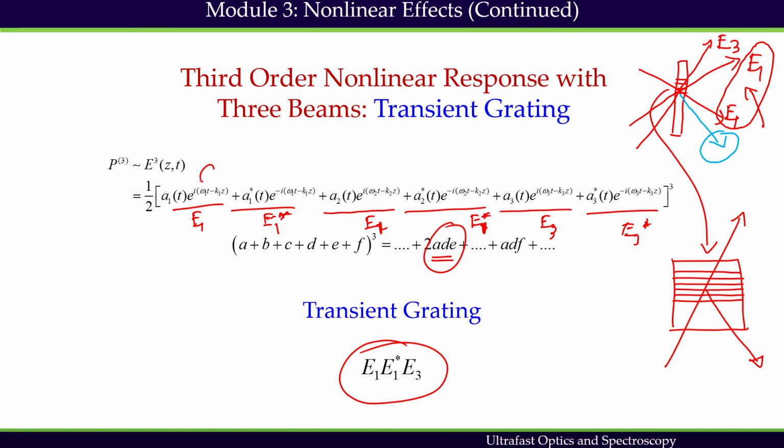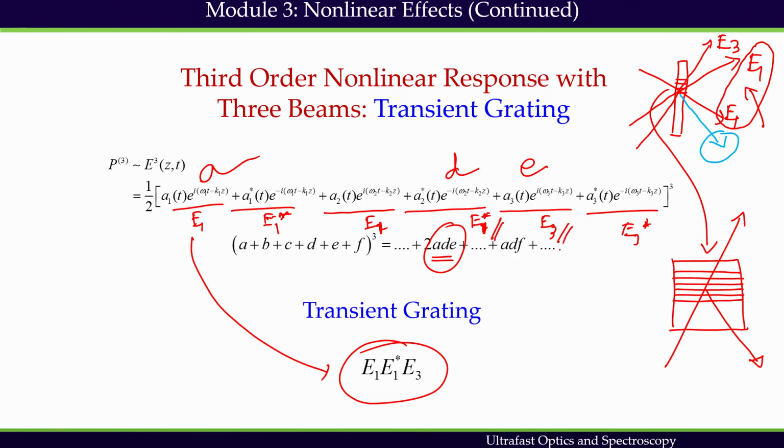This is A, then B, C, this is D, and this is the E term. So this is the ADE term, and we are seeing that the ADE term here is E1, then E1 star, and then this E3 term.